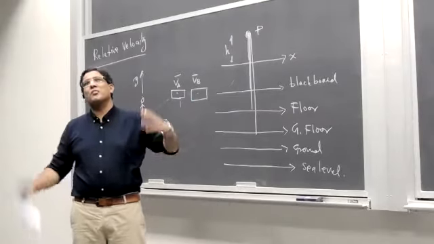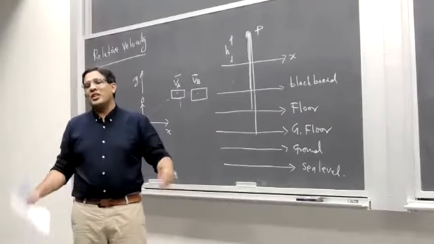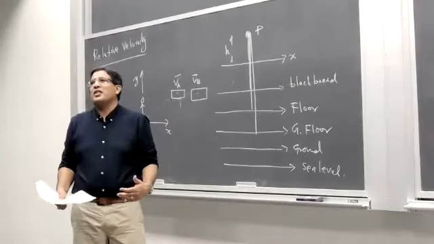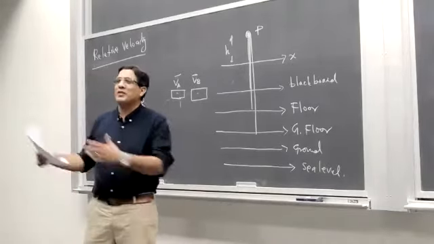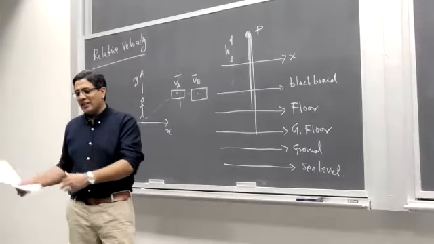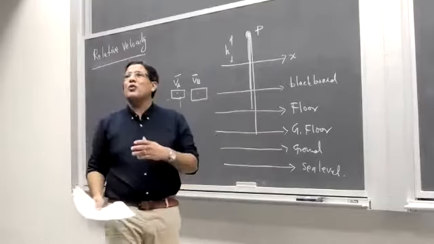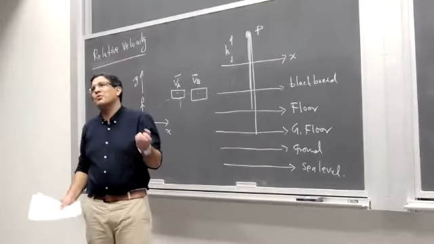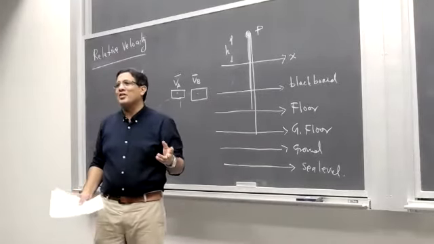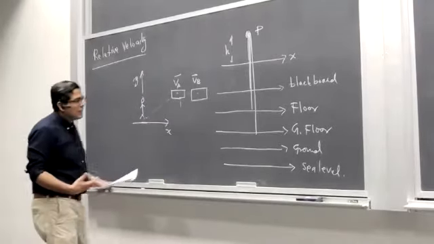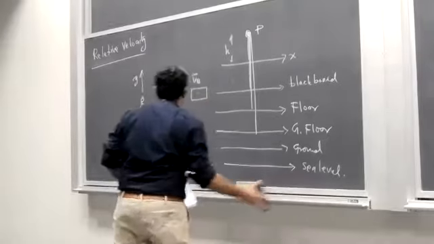Things are stationary with respect to this building. Things are stationary with respect to Earth. But then Earth itself is not stationary. We are moving with respect to Sun. And then Sun is moving with respect to other galaxies. So there is no absolute rest position, absolute rest. So that is why we always have to think about motion in relative terms.